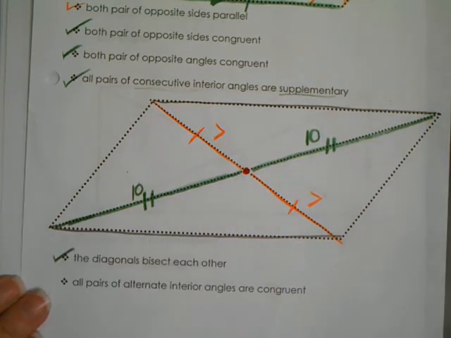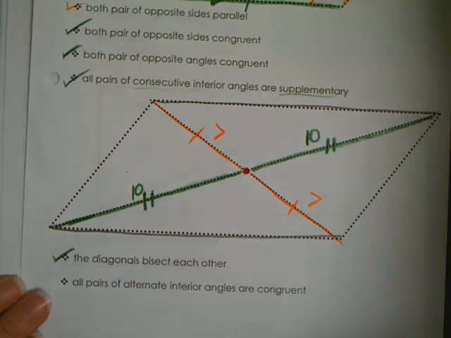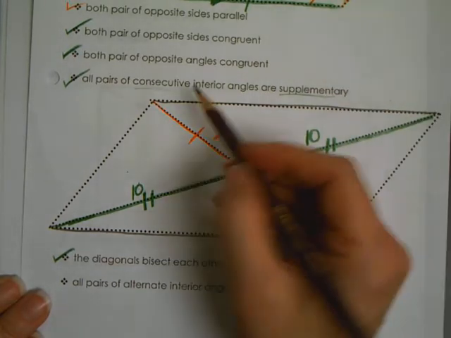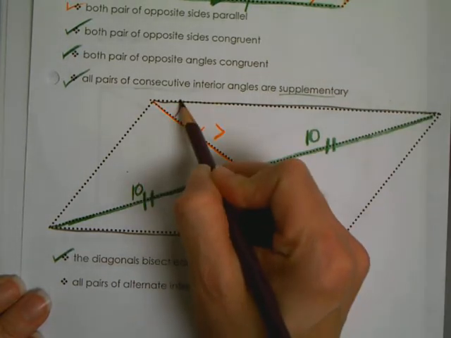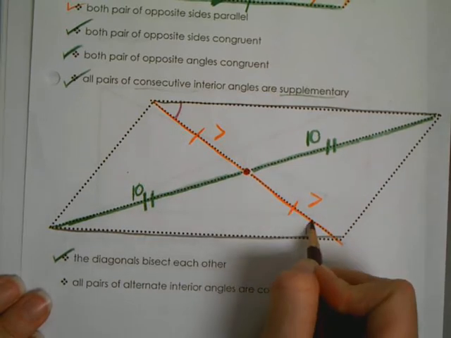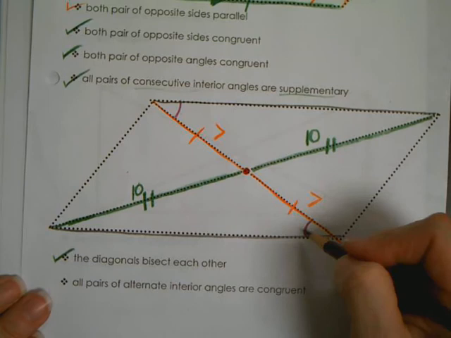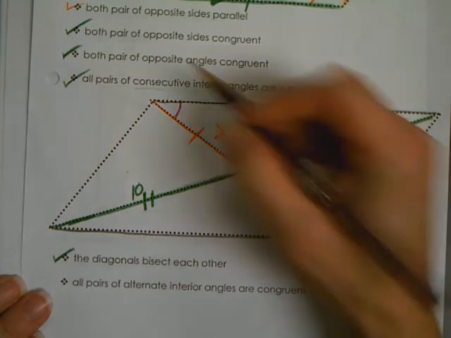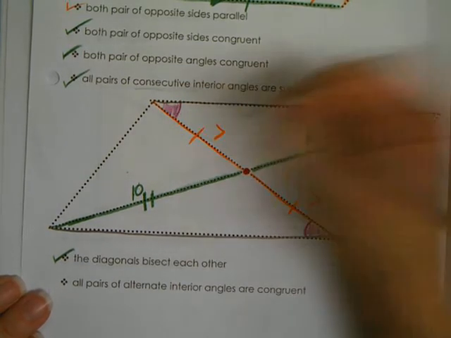Alternate interior angles are congruent. So what we have here is this angle right here is congruent with this angle down here. So we'll color that in a little bit just to make sure you can see that those are congruent.